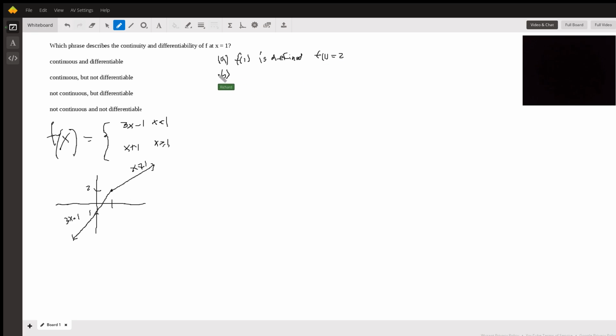And then we have to look at the left-hand limit, the limit as x approaches 1 from the left of f of x. And I think you can see that as you move along this part of the graph, you're getting closer and closer to 2.